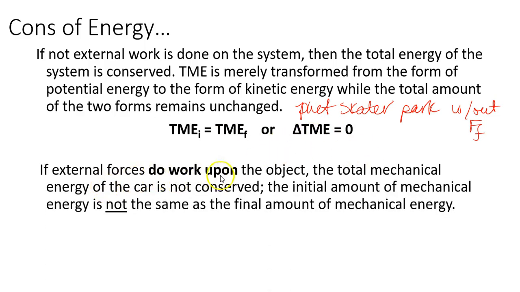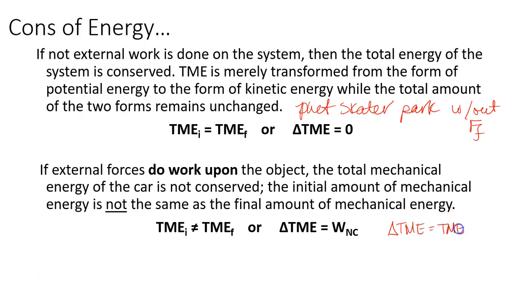If we do work on the system, the energy is not conserved. In other words, we actually change the amount of mechanical energy of the system, so your system's initial is not the same as the final. Remember that the change in the total mechanical energy is the final minus the initial.